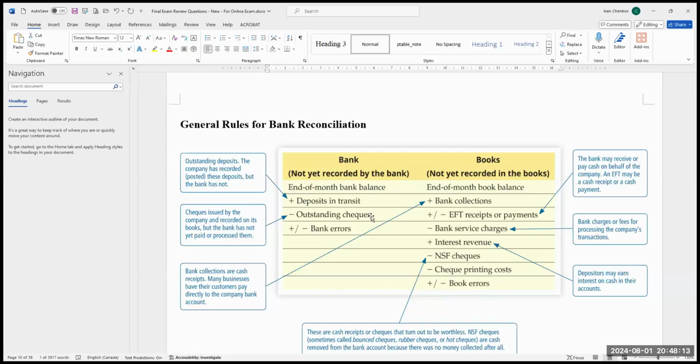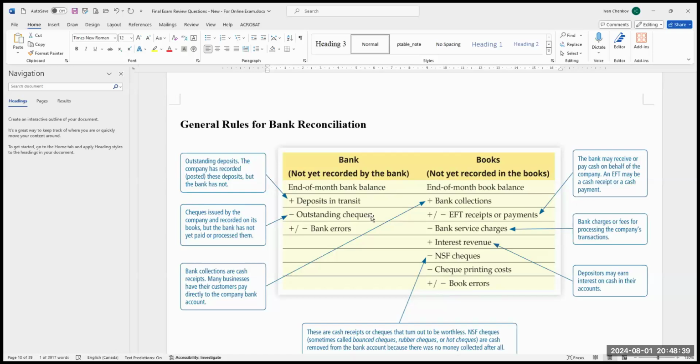The other thing that you either have to add or deduct is any mistakes that the bank made. General rule, the bank never makes mistakes, but you never know, sometimes they do. Once they do make mistakes, they're gonna give you money back if they deducted more money from you, or they're gonna take the money back if they deducted less.